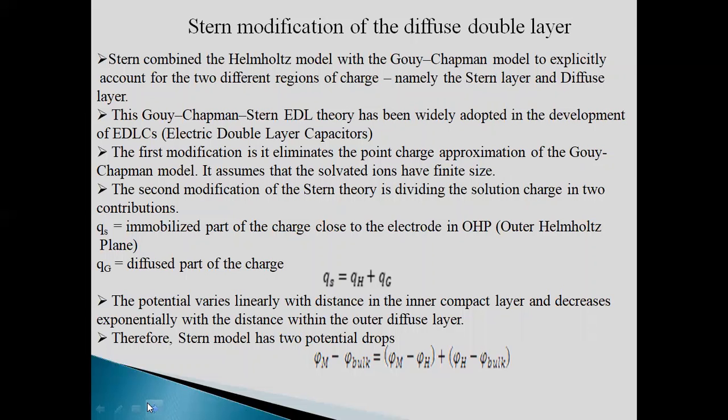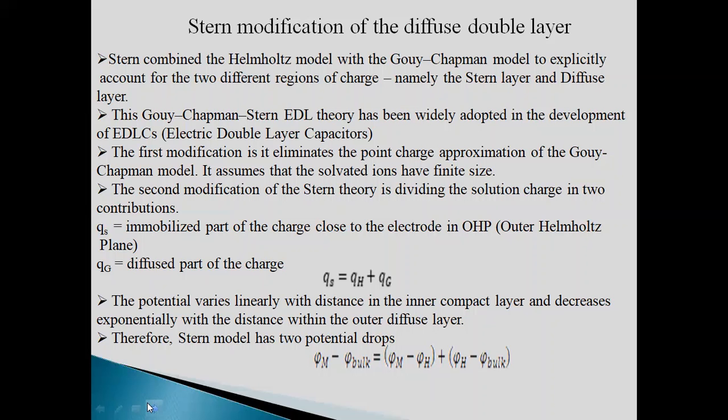So, this model is widely accepted in the electrochemical double layer capacitors that are used in supercapacitors. The second modification of the Stern theory is dividing the solution charge into two charges. One is QS, that is the immobilized part of the charge close to the surface of the electrode in the OHP, that is the outer Helmholtz plane or compact layer.